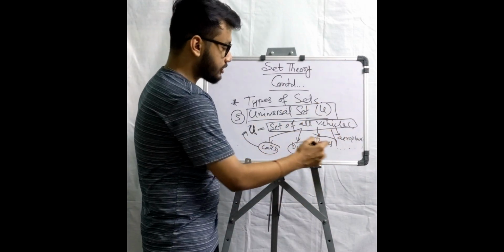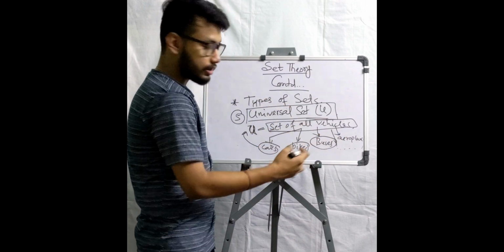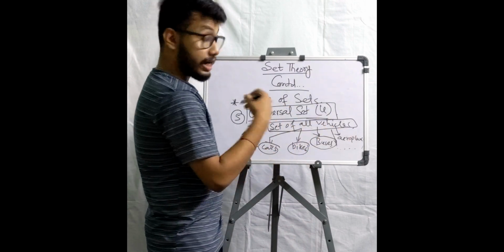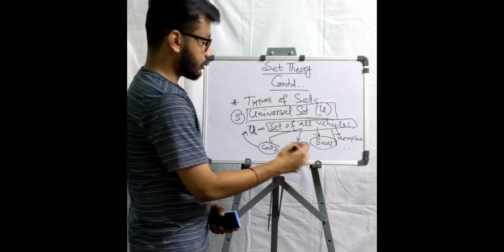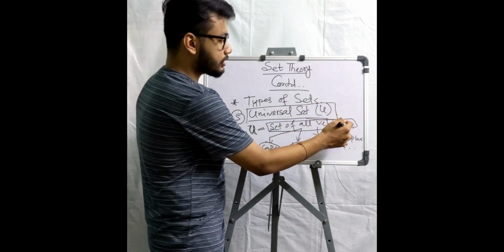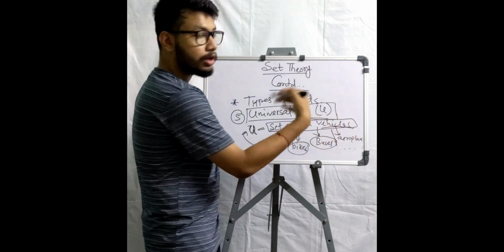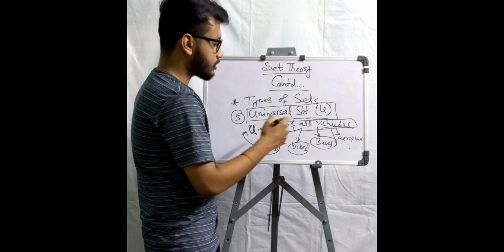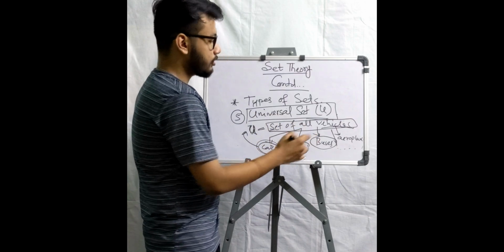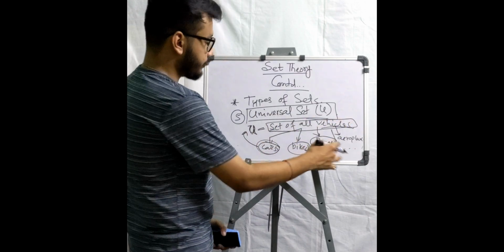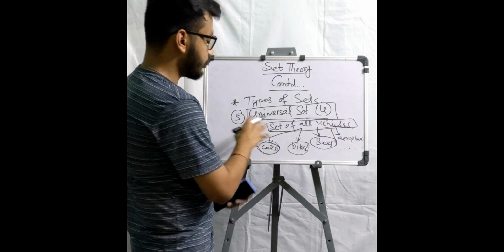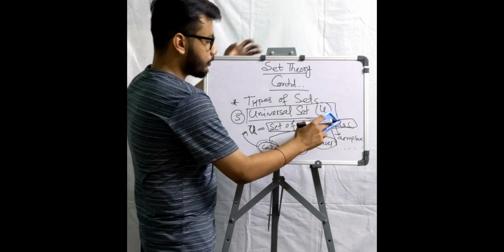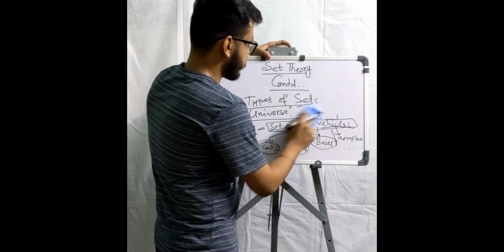So a universal set is nothing but the set of all the elements of a particular context. In this case, the context is vehicle, so the set of all vehicles is the universal set. Cars, bikes, buses, aeroplanes, and many other things can be subsets of U. I hope you are able to understand what is a universal set.